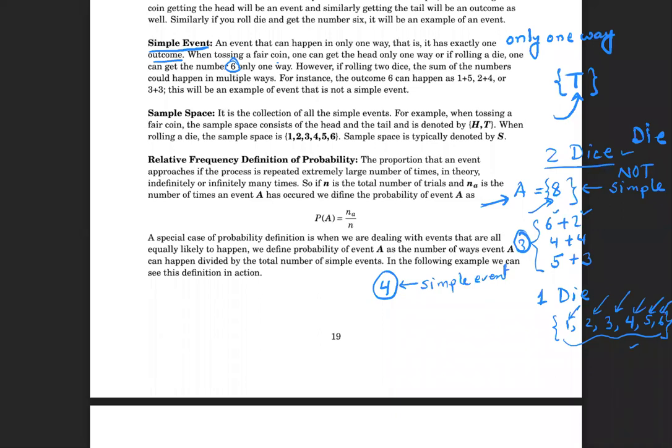Now, in an experiment or in a trial, the collection of all simple events is called, remember, sample space.